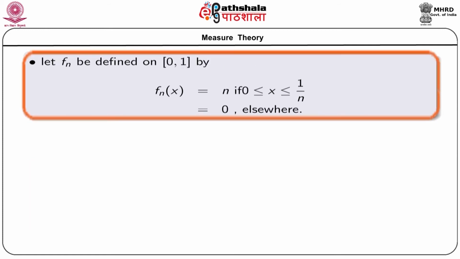Again, consider another sequence of measurable functions. Suppose f_n is defined on closed [0,1] by f_n(x) equal to n if 0 less than or equal to x less than or equal to 1 by n and 0 elsewhere.